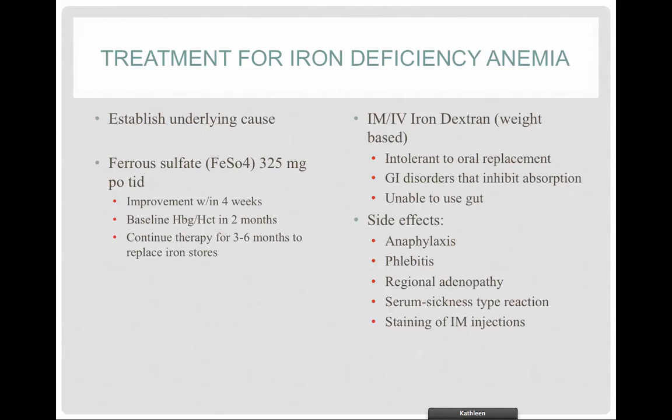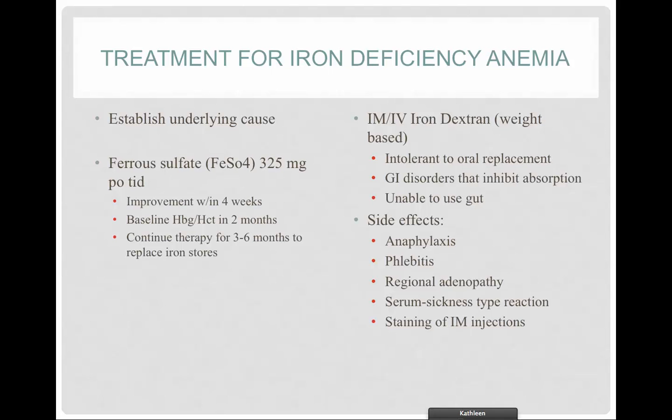We want to follow up these patients. If you have a menstruating woman, you want to follow up in 3 to 4 weeks for repeat exam of hemoglobin. If they're anemic, you want to treat, and you think it's due from the period, you want to give them ferrous sulfate.